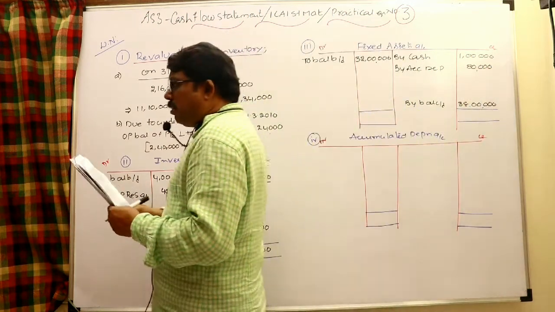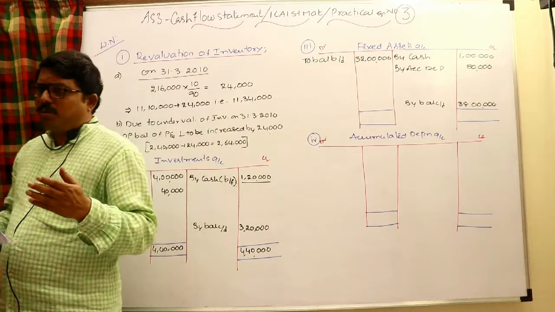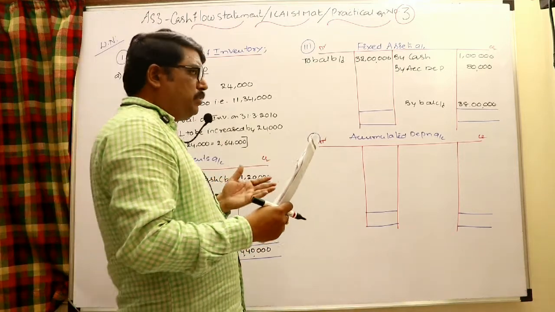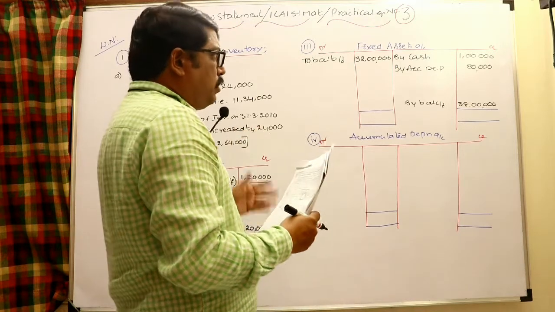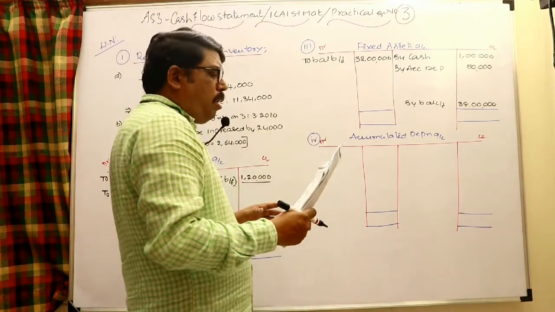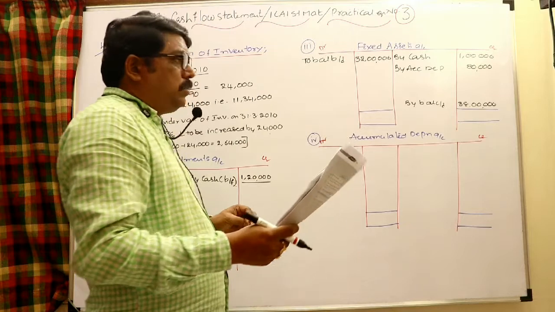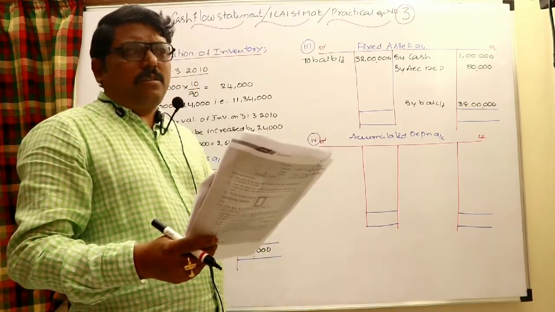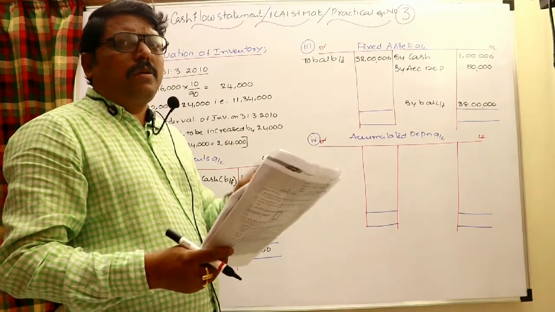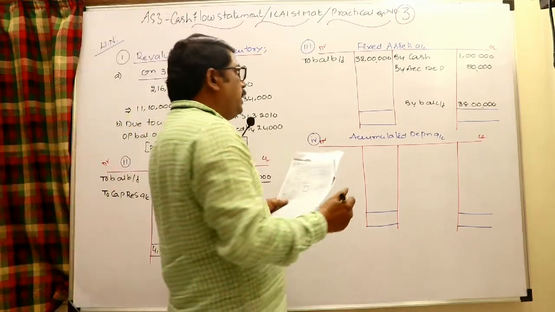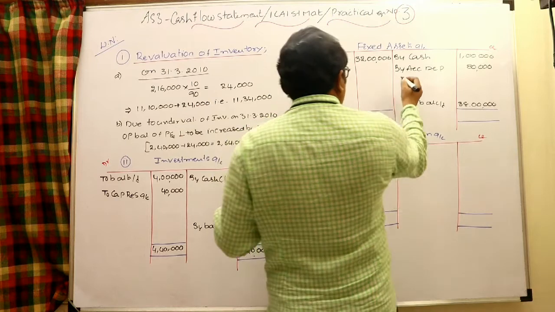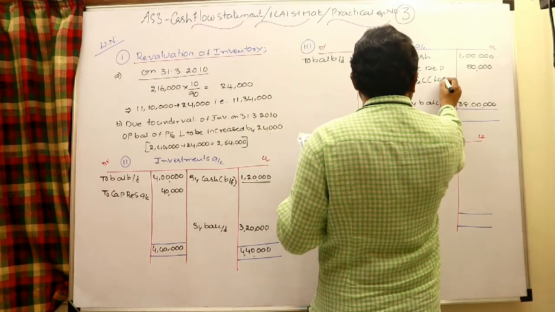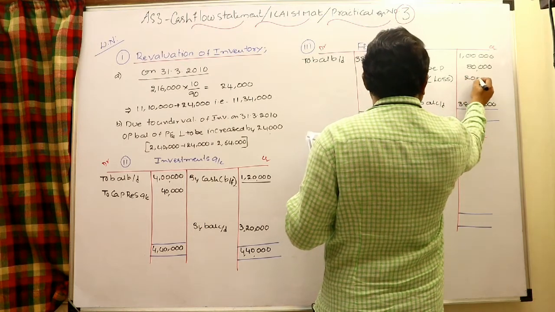Moreover, 2 lakhs asset less 80,000 provision, written down value 1,20,000, sold at 1 lakh means there is a loss of 20,000. Entry: P&L to fixed assets, in the fixed assets by P&L, within brackets loss 20,000.